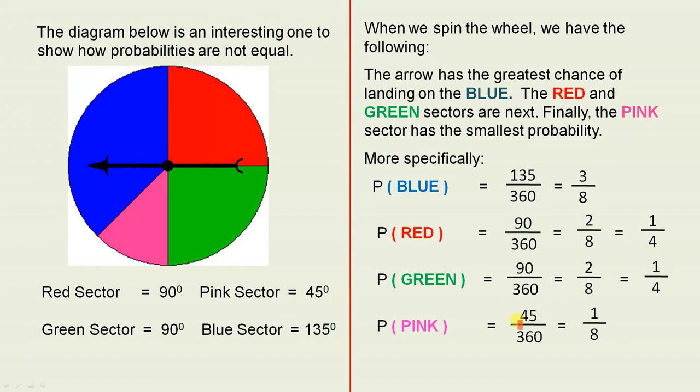And finally, the probability of landing on a pink is 45 over 360, which is 1 over 8. So you can see that this spinning wheel is heavily favoured towards the blue as the individual colour, which will come up more often.